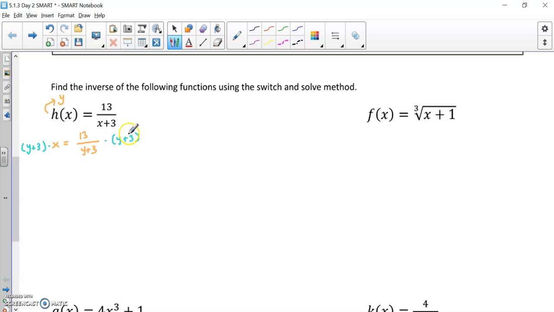Anytime you multiply a fraction by whatever's on the bottom, they cancel. And of course, whatever you do to one side, you must do to the other. So the left side ends up with x times y plus 3. On the right side, the y plus 3's cancel, so you're just left with 13.